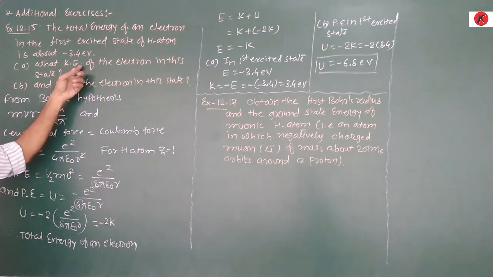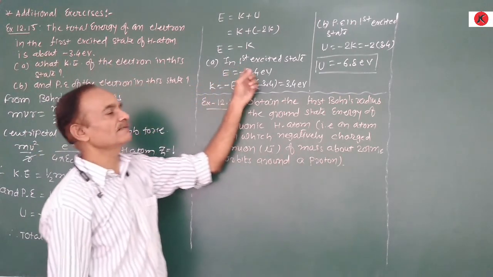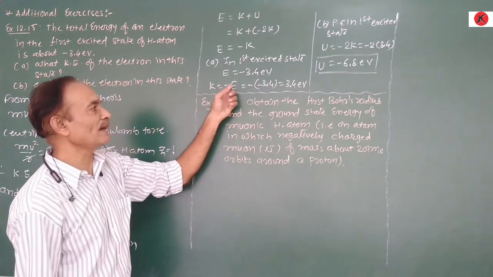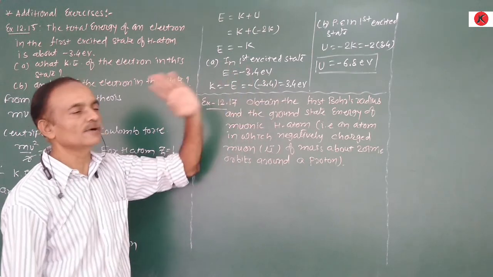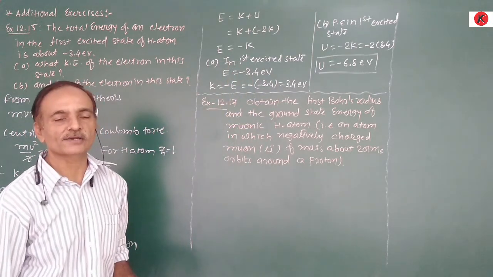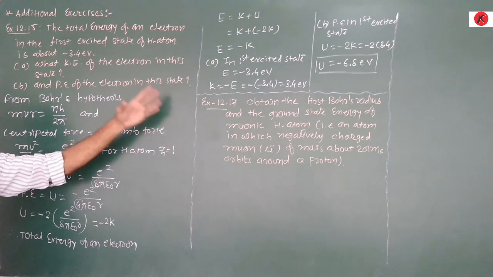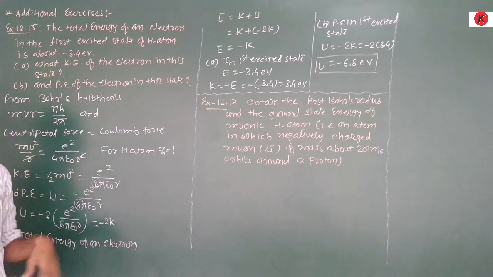Now, in the first excited state of the hydrogen atom, the total energy is given as minus 3.4. Therefore, kinetic energy is equal to minus E, minus of minus 3.4, so 3.4 electron volt is the kinetic energy of the electron in the first excited state of the hydrogen atom.